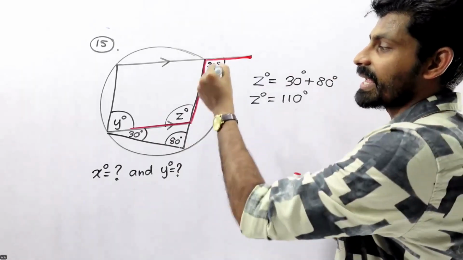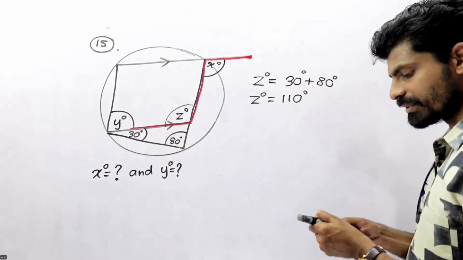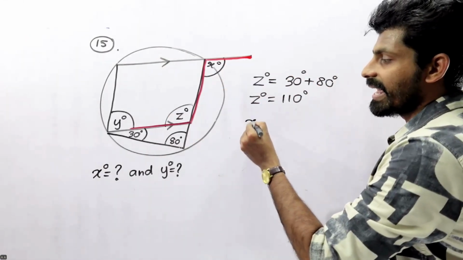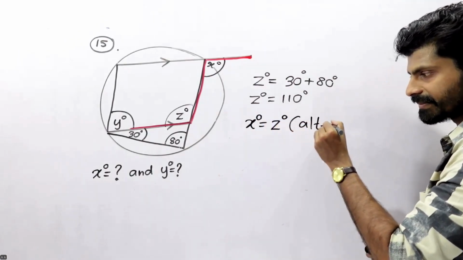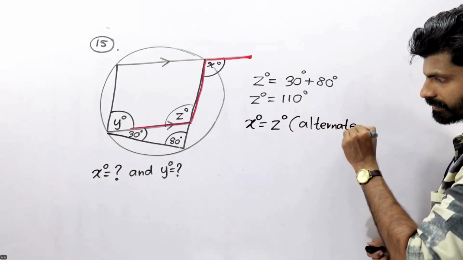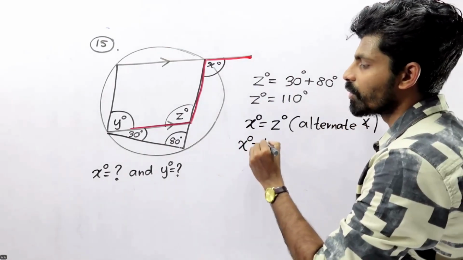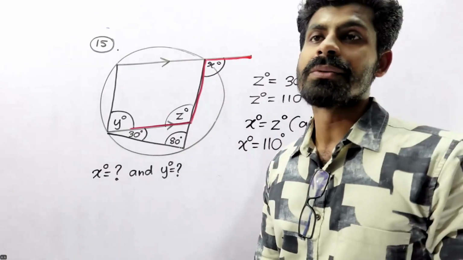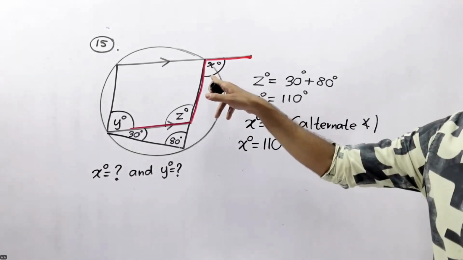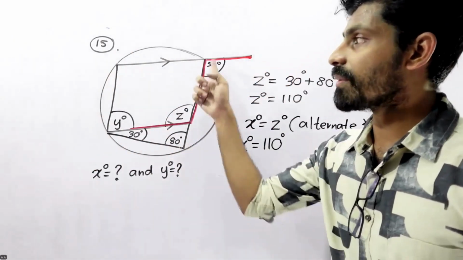So that means X equals Z, alternate angles. X equals 110.